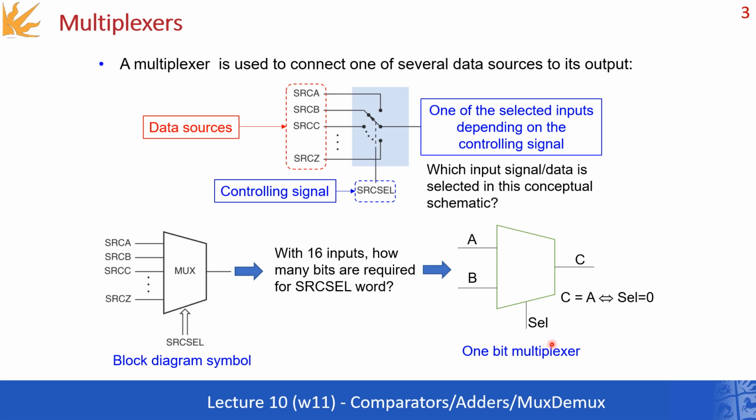And as you can understand, the selection here, if it is 0, then we define that the final output would be equal to A. Likewise, if it is equal to 1, the output would be B. So therefore, if you have a 1-bit multiplexer, you need 1 bit for the selection. Now try to think via induction how many bits you would need for the selection if you were dealing with 16 different inputs.